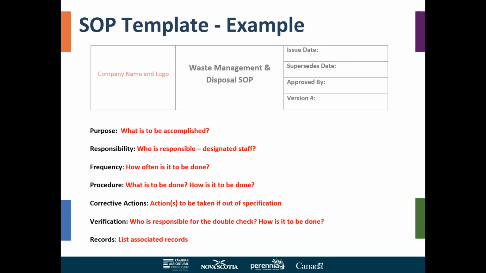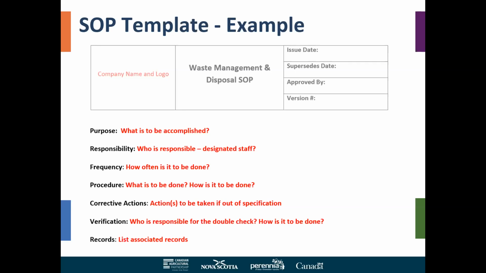So this is an example of a standard operating procedure template. You do not have to use this example or follow this template. This is just an example. However, there are certain things that you should include on a standard operating procedure, like your company name or logo, the title of the document or SOP, an issue date, and a supersede date.